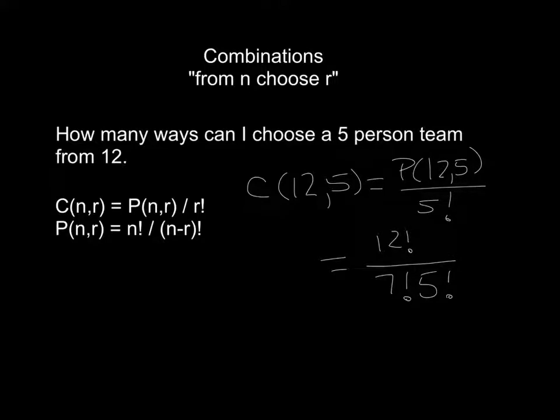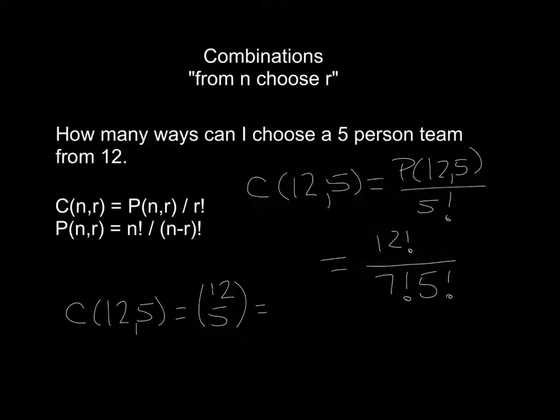Okay, and another really easy way to do this, the notation that I often use for C of 12, 5 would look like this, 12, 5. So there's no division sign, but this is basically from 12, choose 5.